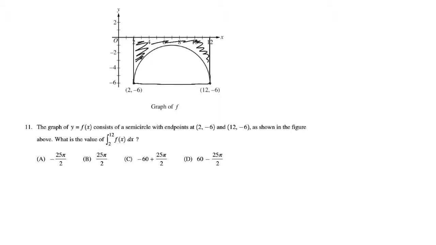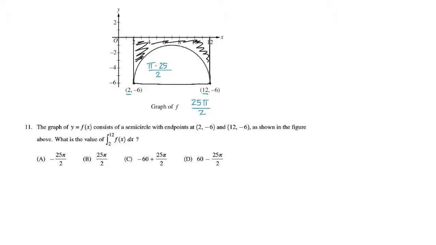Well, the area of the semicircle, we have pi times the radius squared. Well, our radius squared, let's see how far apart these two things are. From 2 to 12, that's 10, so half of that's 5, but then 5 squared is 25, and we want half of that for a semicircle. So I know this inside here is 25 pi over 2.